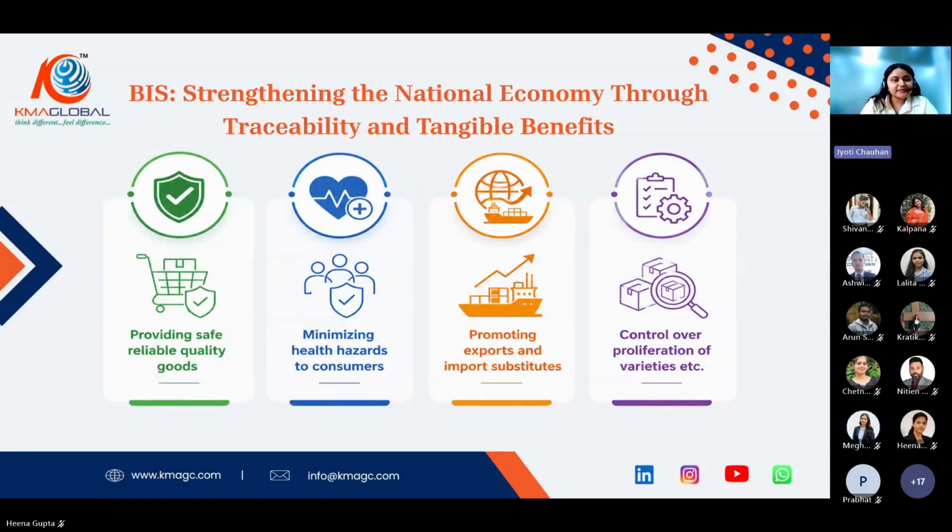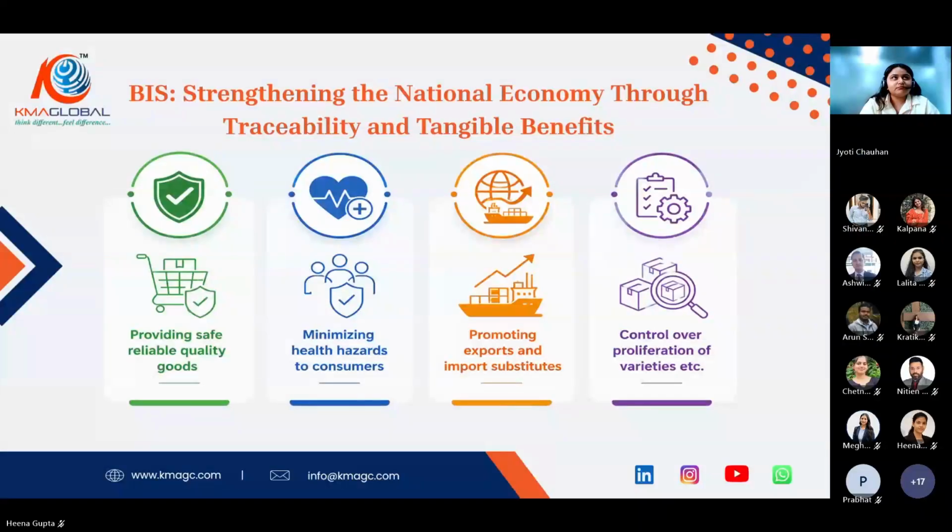So BIS has been providing traceable and tangible benefits to the national economy in a number of ways, like providing safe, reliable quality goods, minimizing health hazards to consumers, promoting export and import substitutes, control over proliferation of varieties, etc.